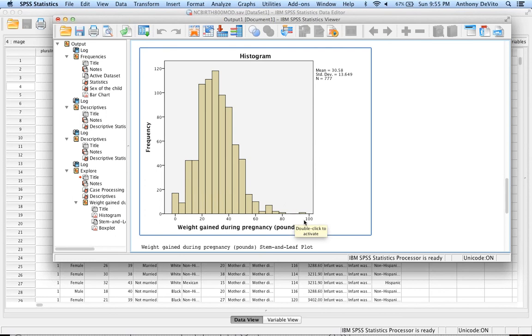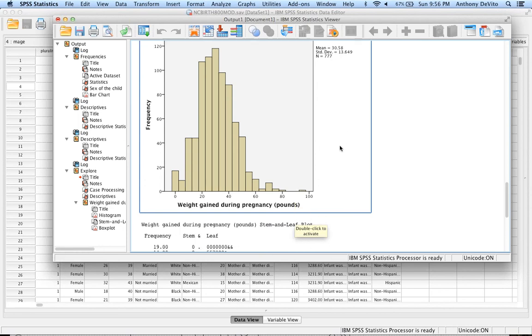That might be an outlier. There might be some reason that person gained 95 pounds. It also could be that it was a typo as the data was put in. So it'd be a good reason to go back and examine that. But it looks like it's skewed in general. The data is skewed to the right. Okay, so at any rate, our mean is also displayed here as well.